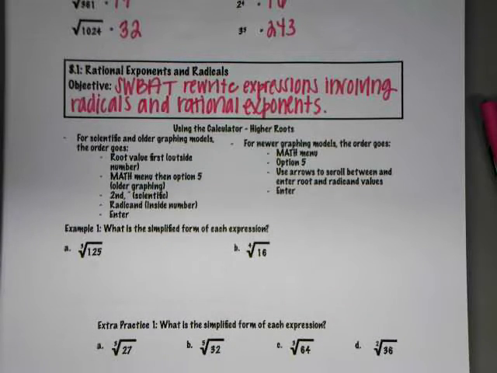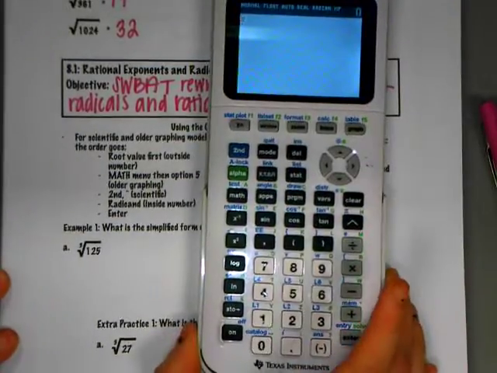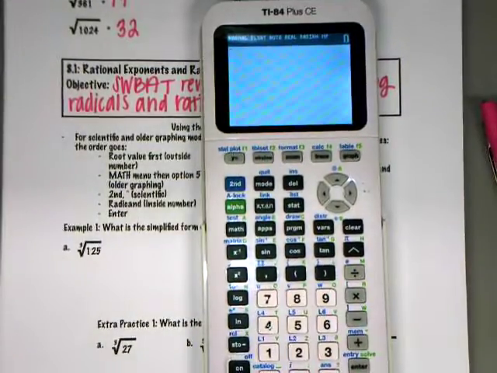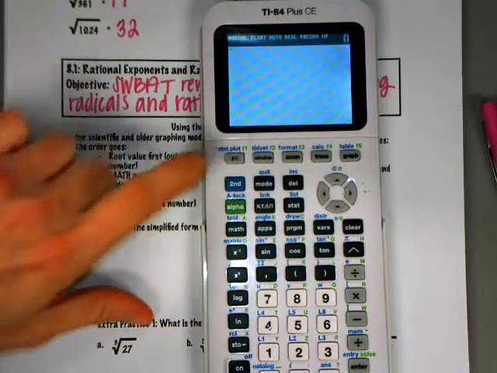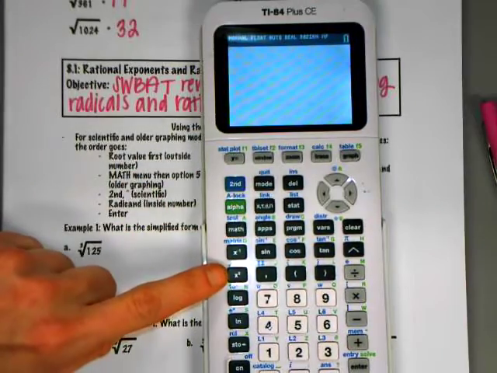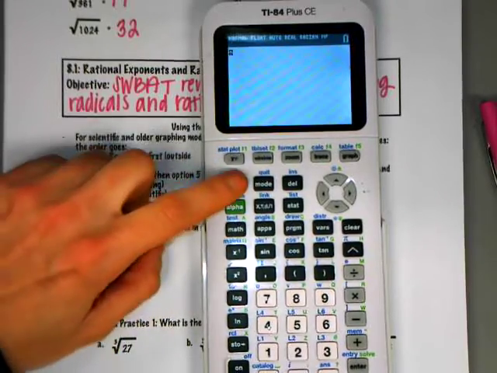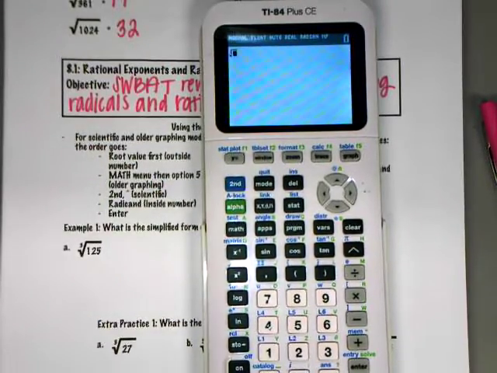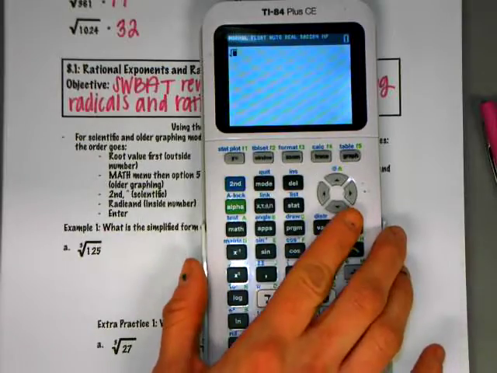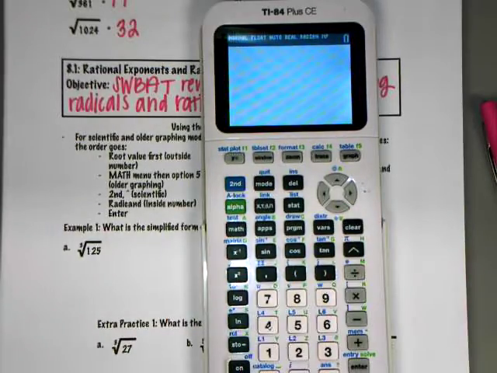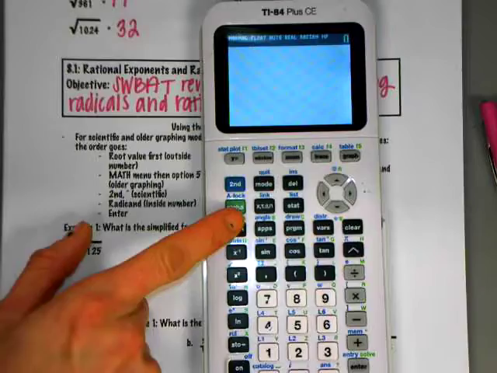So if you are doing a graphing calculator, like one of the newer ones or the yellow ones, the way that you're going to do it, well, does everyone know how to do a regular square root, first off? So if you don't, it's the x squared button right here, it's in blue above it, so you just hit second, and then that button, and then the square root will pop up for you to put stuff in, okay? For the higher roots, you are going to click the button that says math.